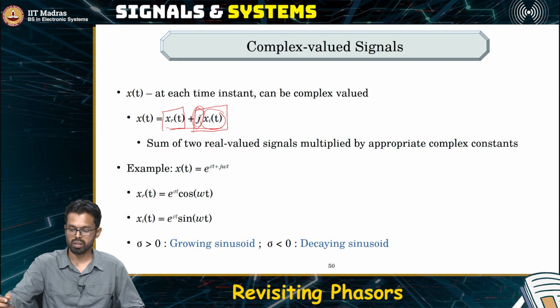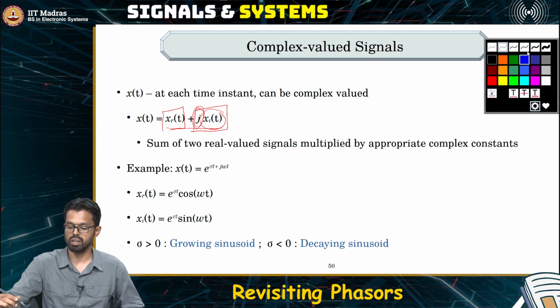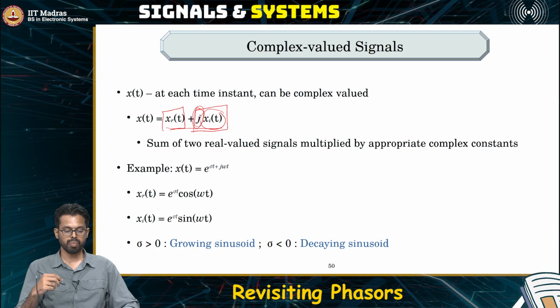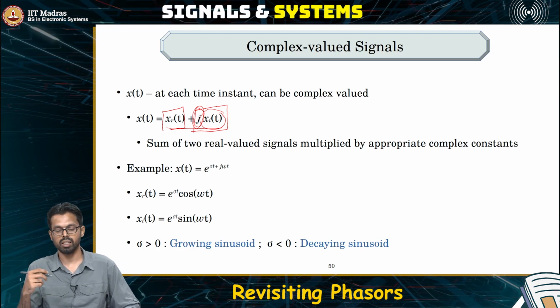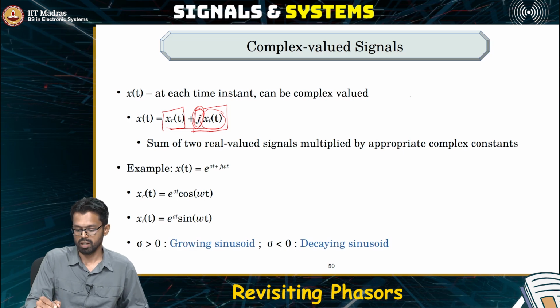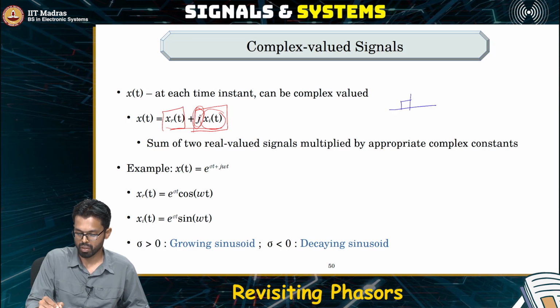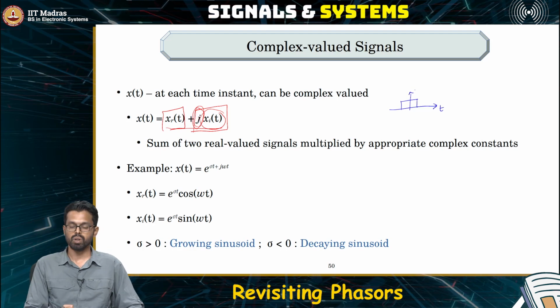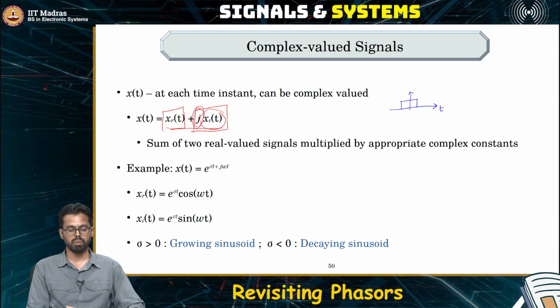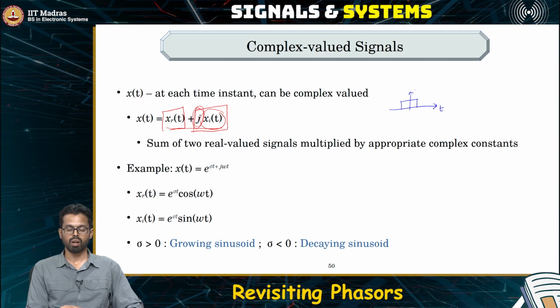So in order to represent a complex valued signal, what you can do is plot the real part separately and the imaginary part separately. Earlier, if I had a rectangular function, we just plotted the amplitude of that with respect to time. But how would I visualize this complex signal?